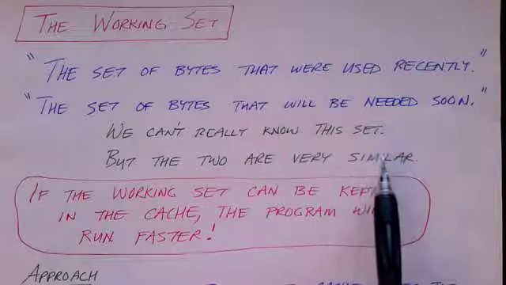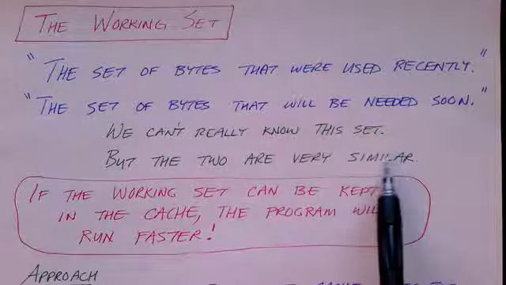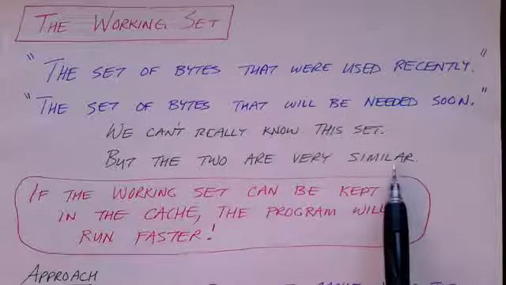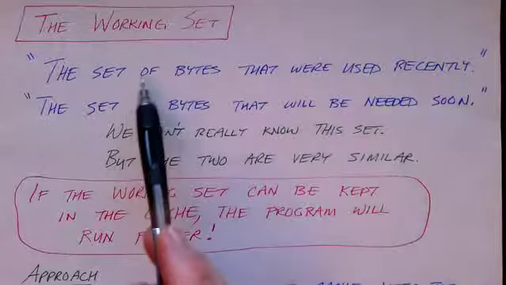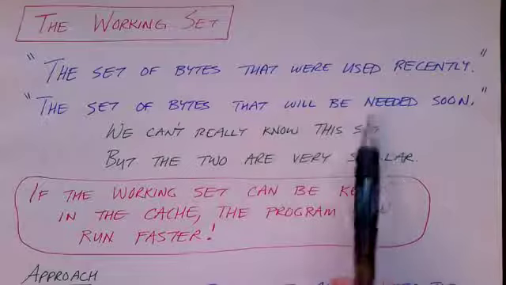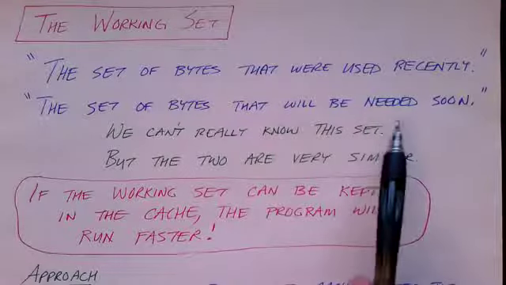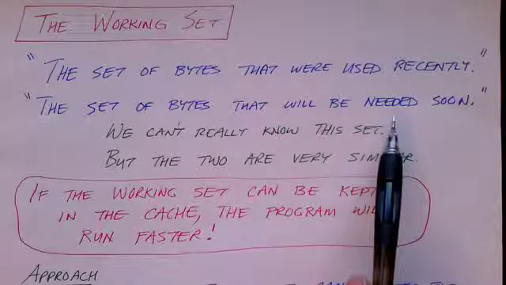But generally, because of the principle of locality, these two sets are really quite similar, so there's a lot of overlap. So we can try to identify the set of bytes that were used recently, keep those in memory with the assumption that the related bytes will be needed again soon.